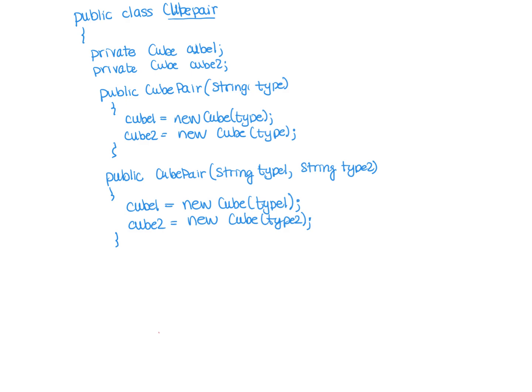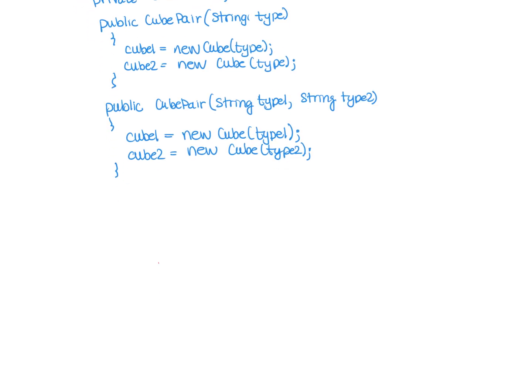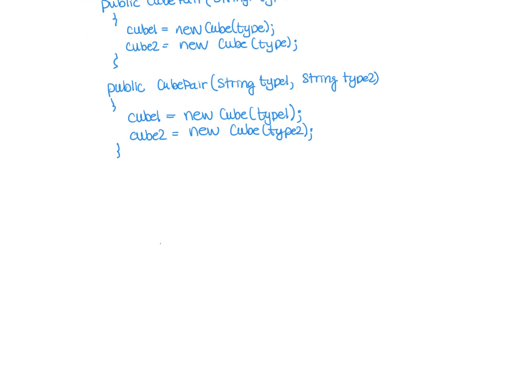The next thing we need to do is roll our cubes. Remember, each time we roll a single cube, it returns the type. So we're going to have public String rollCubes.